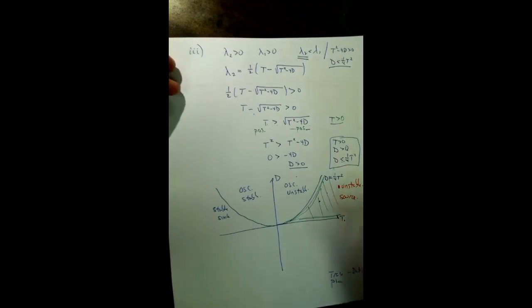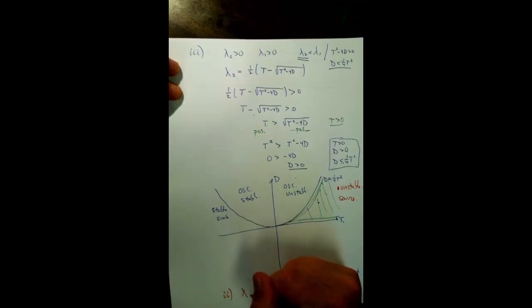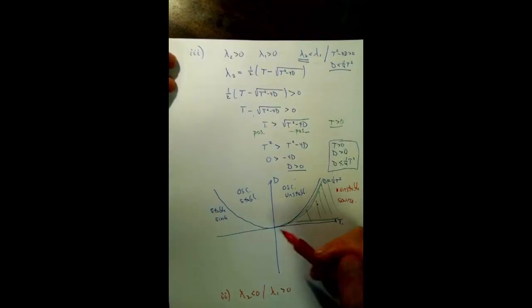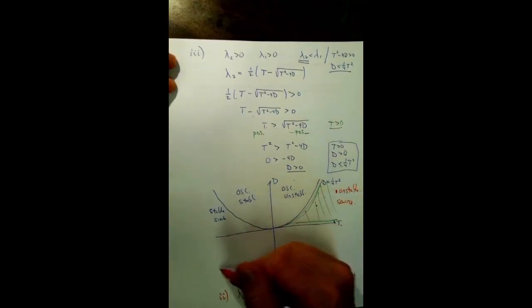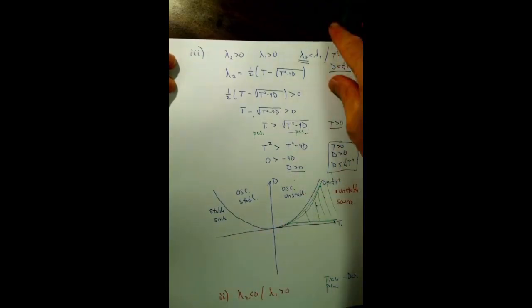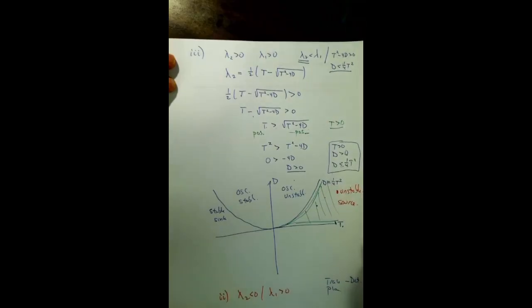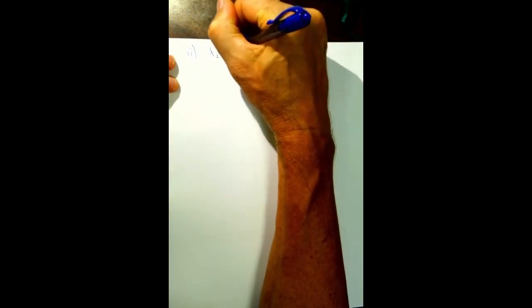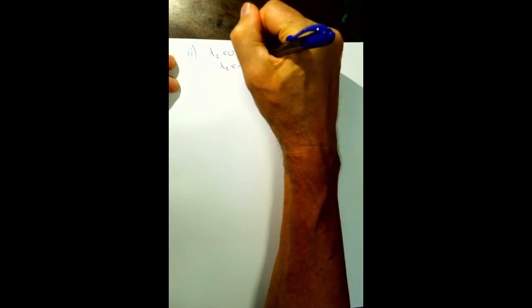And the only thing we haven't dealt with yet is case 2, where lambda 2 is negative and lambda 1 is positive. And I am going to hope beyond hope that it's basically everything for d negative. And that'll basically fill in all possibilities for t and d. So, case 2. Lambda 2 is negative and lambda 1 is positive, and I know this has to be true because lambda 2 is less than lambda 1, and this is the case where one is positive and one is negative.